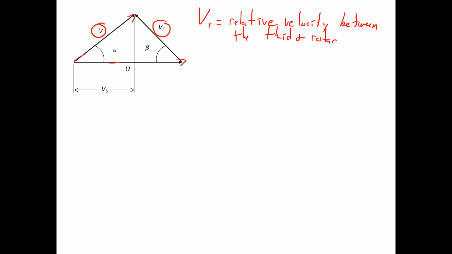And these two angles represent two different things. Alpha represents what's called the nozzle angle, the component that sets the angle of the fluid entering. And then beta, the angle between the relative velocity and the tangential velocity of the rotor, is called the blade angle.